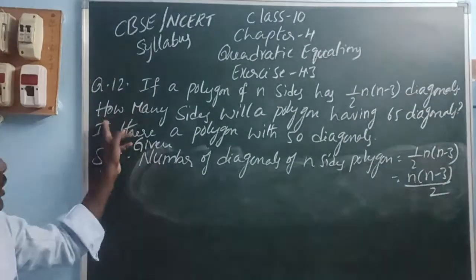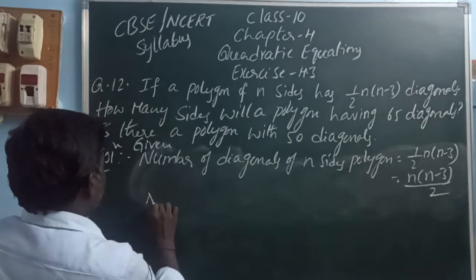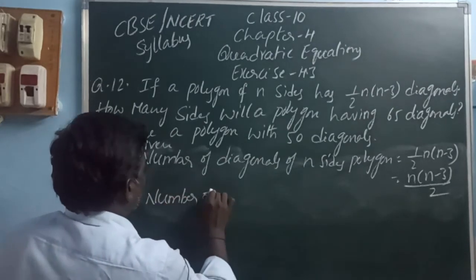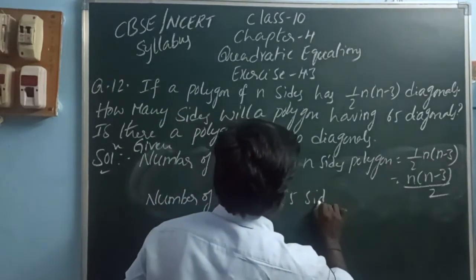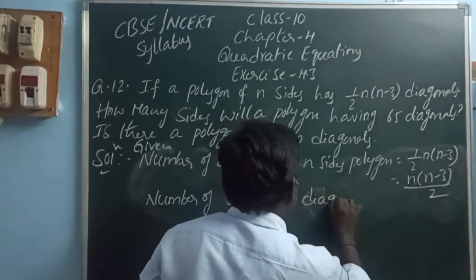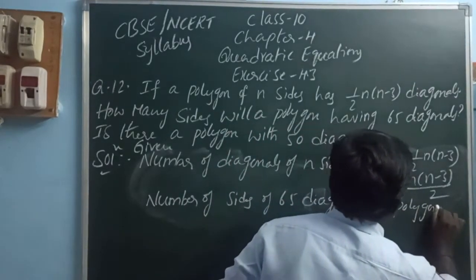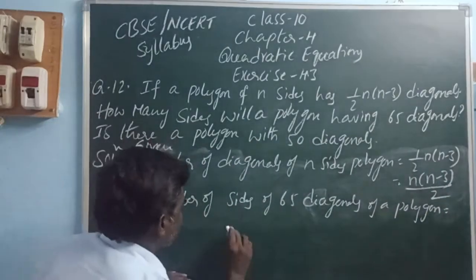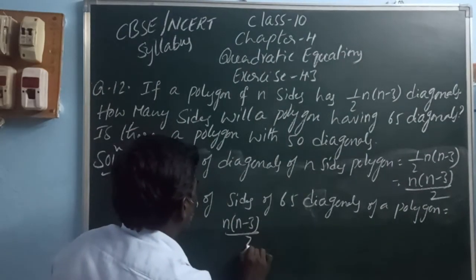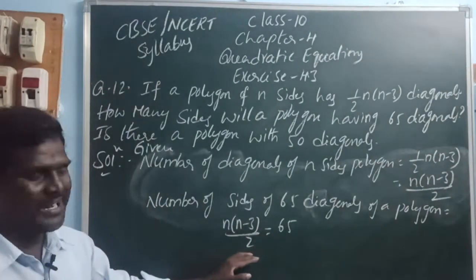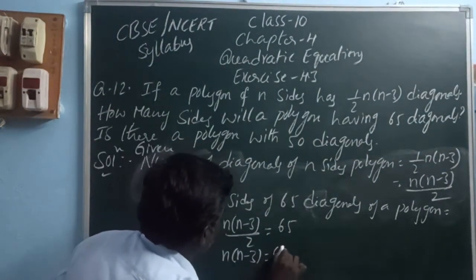So the number of diagonals is equal to 65, that is n of n minus 3 by 2 is equal to 65. Multiplying both sides by 2, n of n minus 3 is equal to 65 into 2.